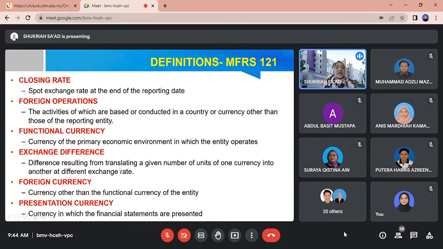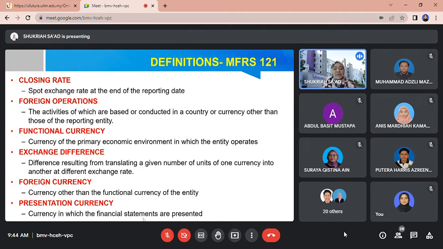Exchange differences arise when we carry out the translation, mesti ada perbezaan. So perbezaan tu kita panggilkan dia difference exchange rate. Foreign currency is currency other than the functional currency of the entity. So nampak kat sini foreign currency tak sama dengan functional currency. Presentation currency normally kita follow currency holding company. Kenapa?